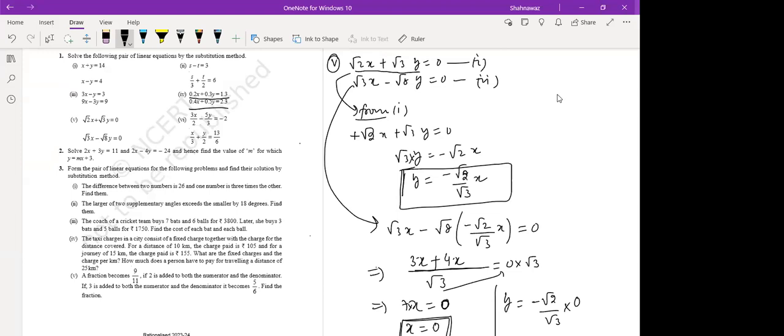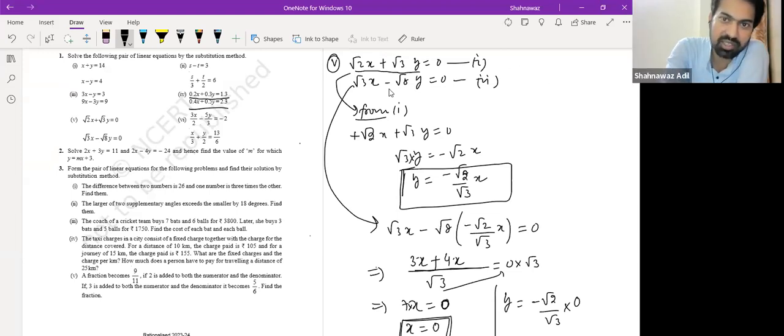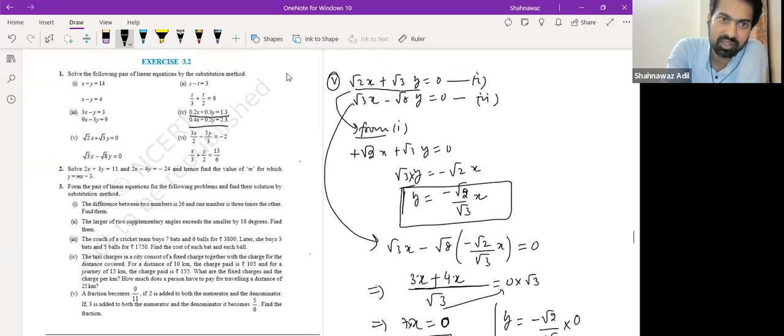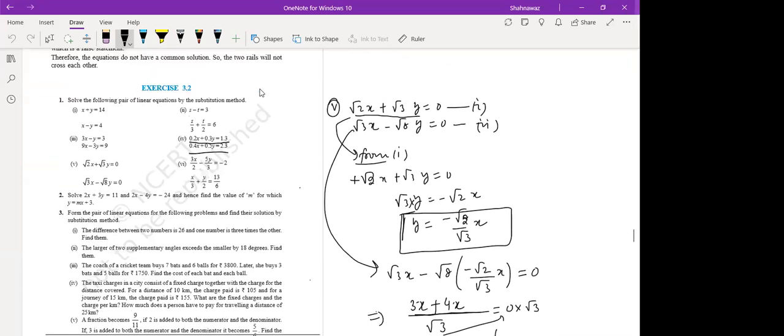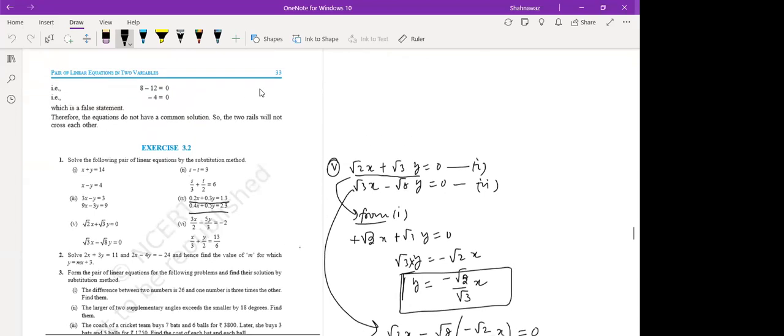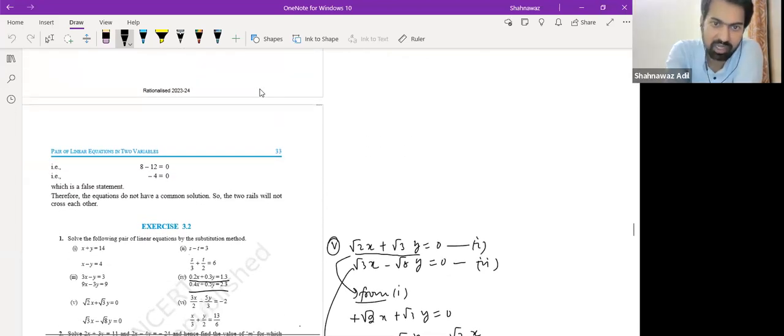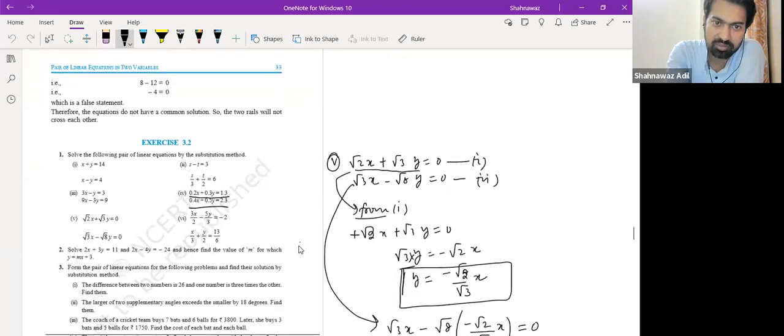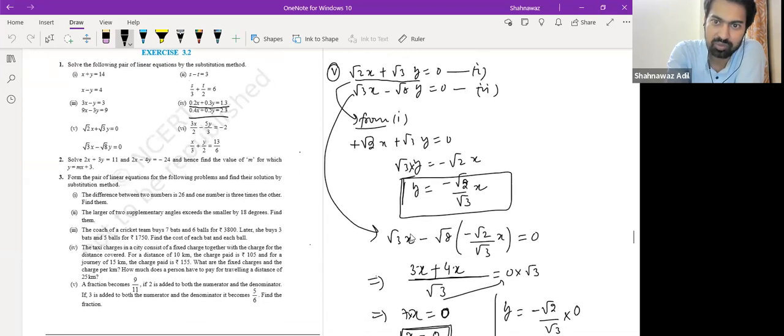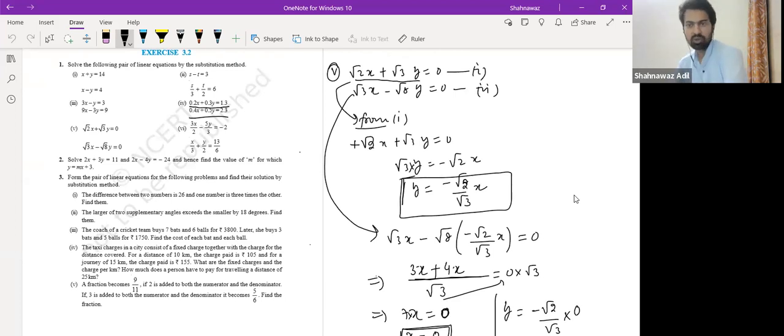Which exercise is this? This is the second exercise, right? We didn't do the 3.1, but we'll come to that later. In the 3.1 exercise, it was about the graphical solution.